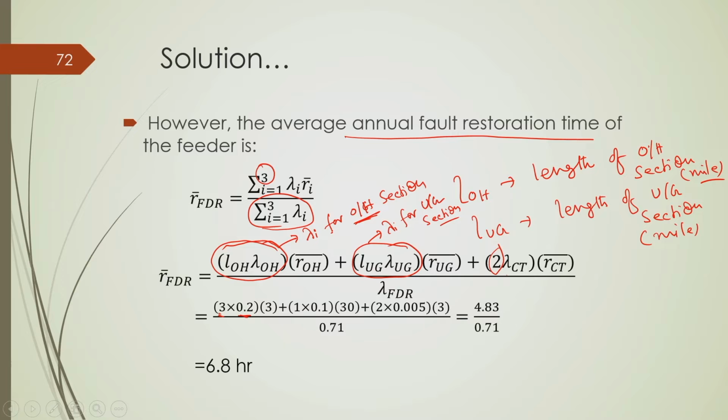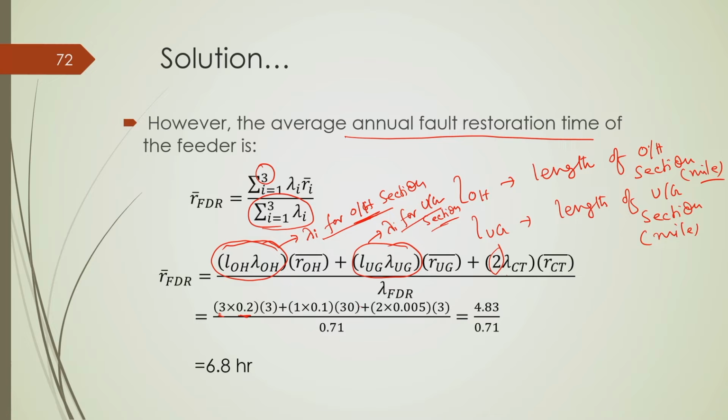This represents the failure rate of the overhead section and the failure rate of the underground section. Since the number of faults is recorded per unit length, we multiply by the length in order to find the failure rate of the overhead section and of the underground section.